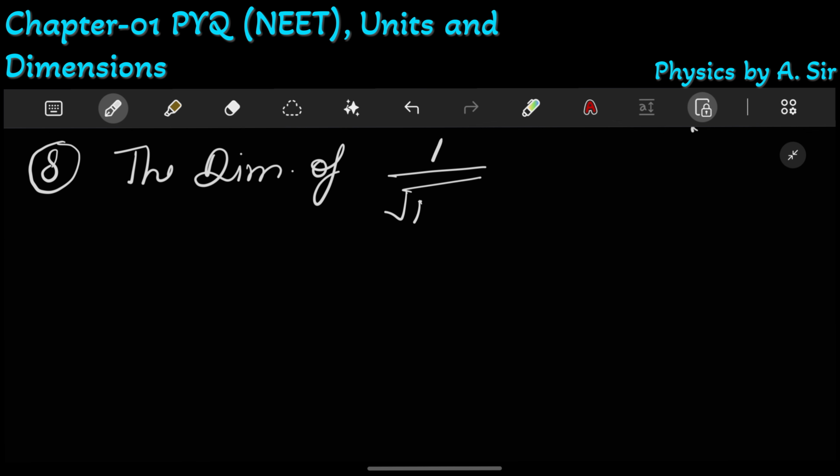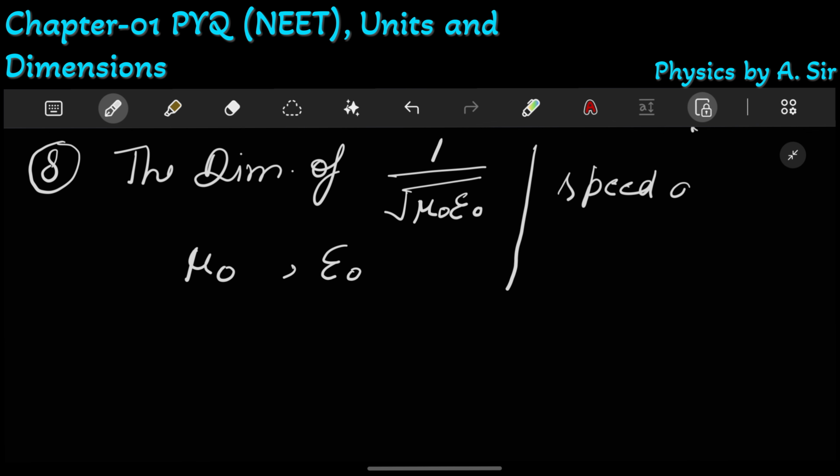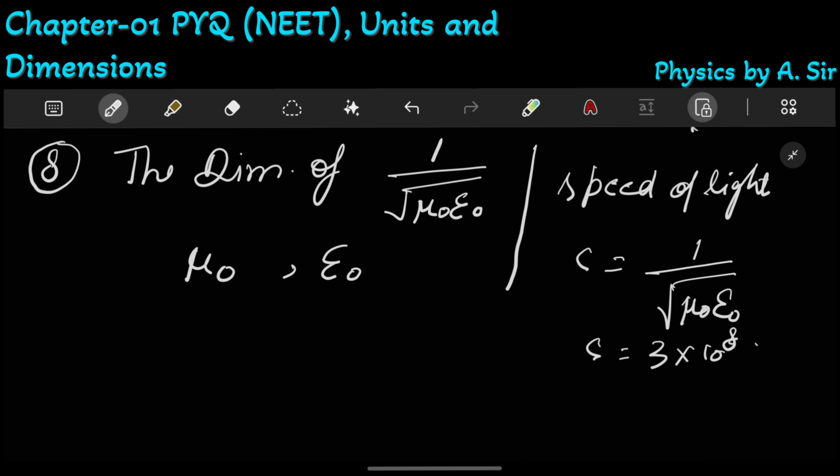The dimension of 1 over 4 mu naught epsilon naught. There are two ways for doing this. One is the long route, where you calculate the dimension of mu naught and then the dimension of epsilon naught. But there is another way, by remembering a short trick, that is speed of light. Speed of light has the formula small c equals 1 upon root mu naught epsilon naught, which comes out to be 3 into 10 to the power 8 meter per second.